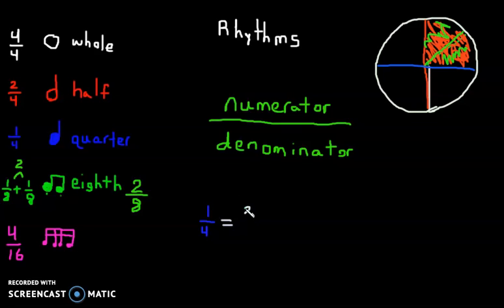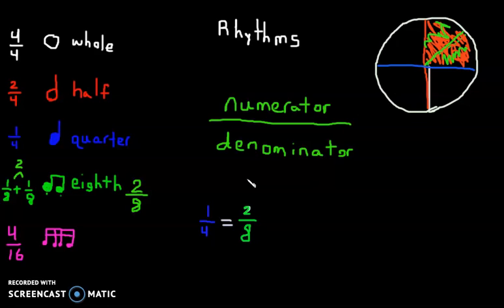Here we go. 2/8. My 8s are still a little messy. I'll get them. So 2/8 equals 1/4.